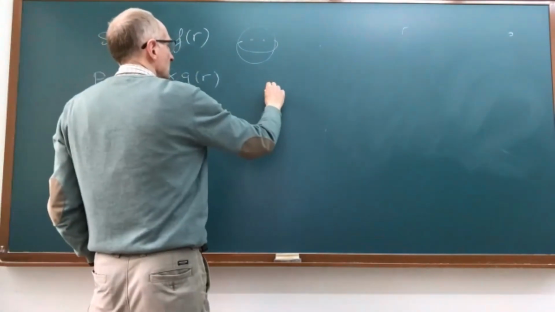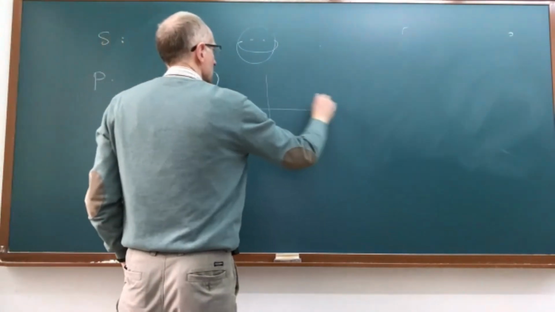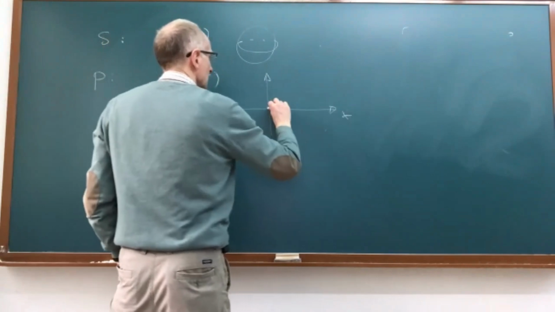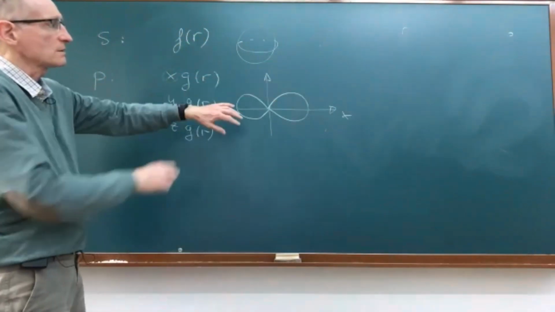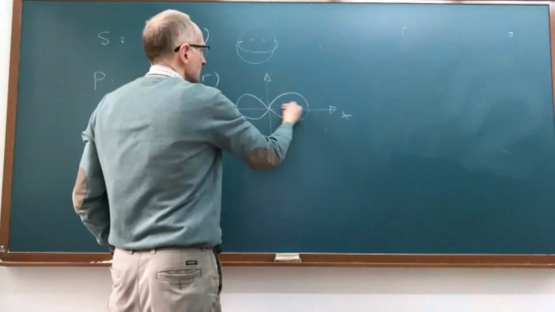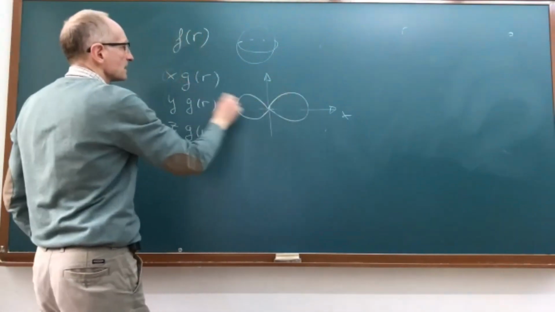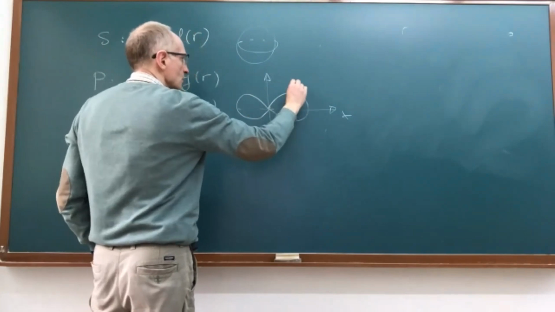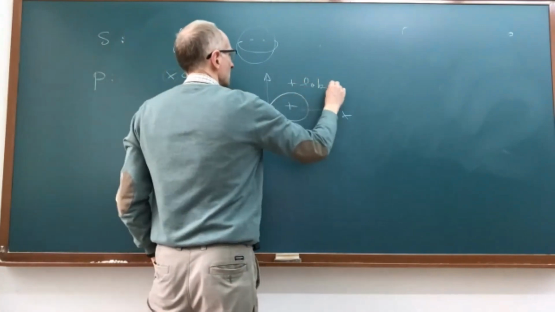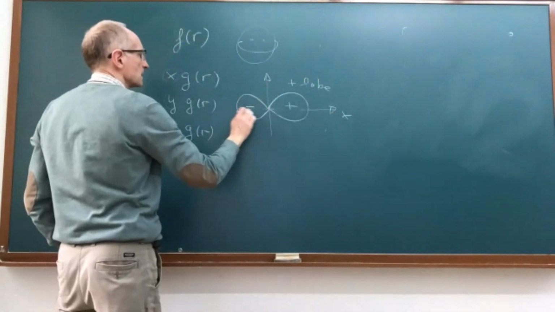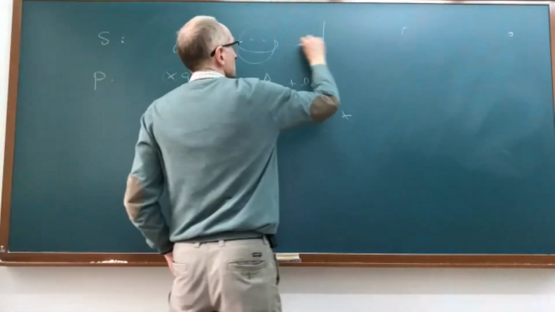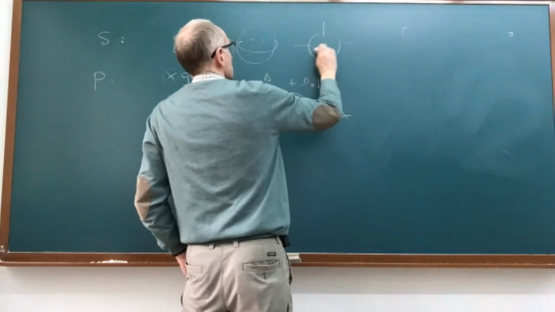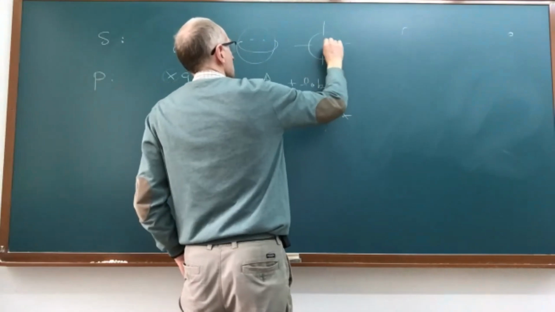And so they are usually represented like this. If this is x, and this multiplication has probably this shape. It's important to remember that this lobe is positive, the positive lobe, and this lobe here is negative. Unlike an s orbital, which one usually considers as all positive, it doesn't really matter.